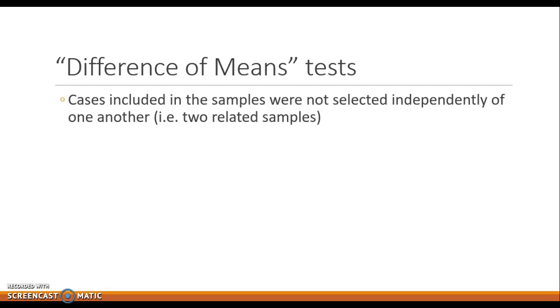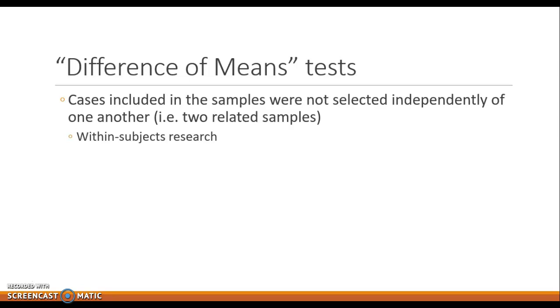Now, the first ones that we're going to be covering, because they're a little easier, are when we have what are called related samples or dependent sampling, where basically in these two samples, these two groups we're comparing, they're related to each other in some way. One common way that this happens is in what's called within subjects research.